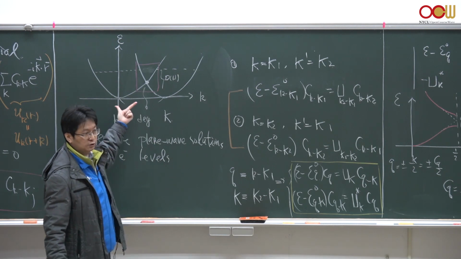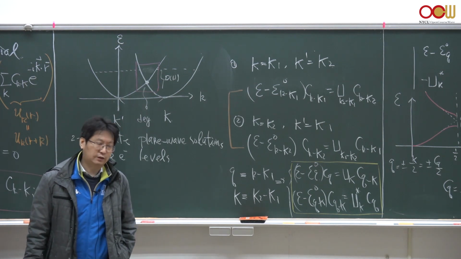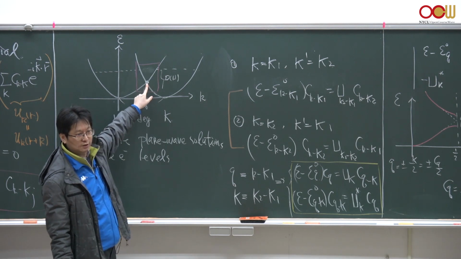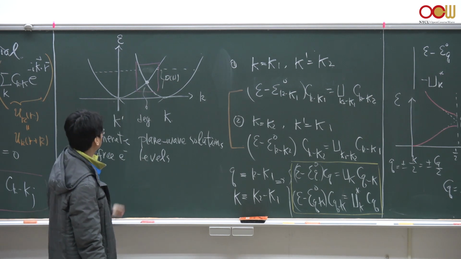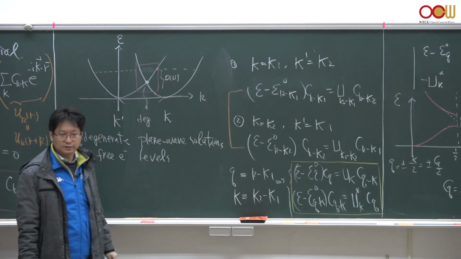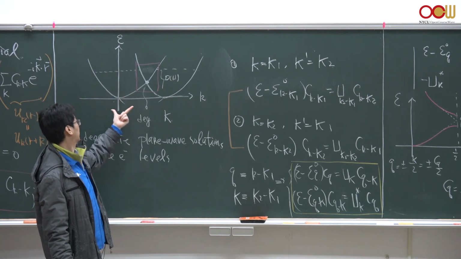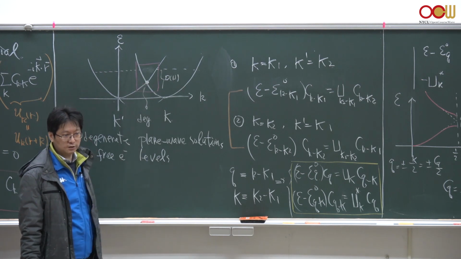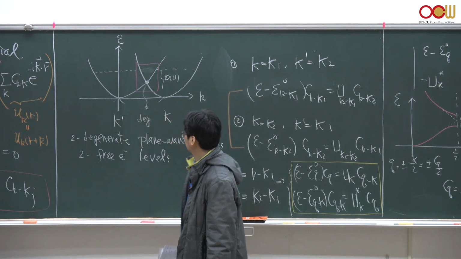So these two parabolas are centered at two different reciprocal lattice vectors k1 and k2, but they have an intersection right here near this boundary, and this intersection represents that the electron states centered at k prime or k are degenerate.